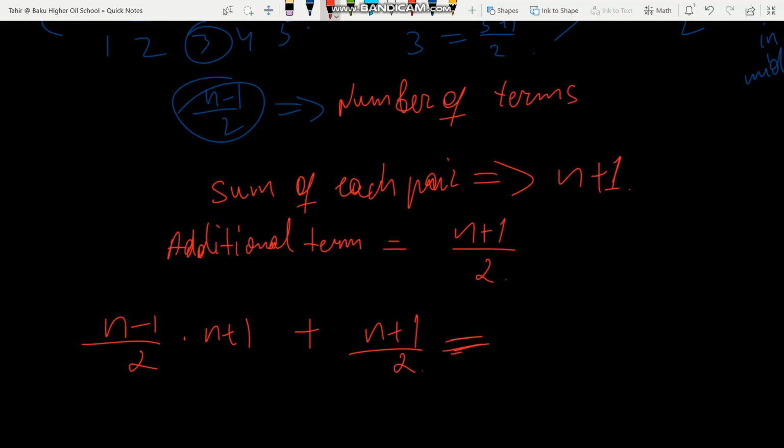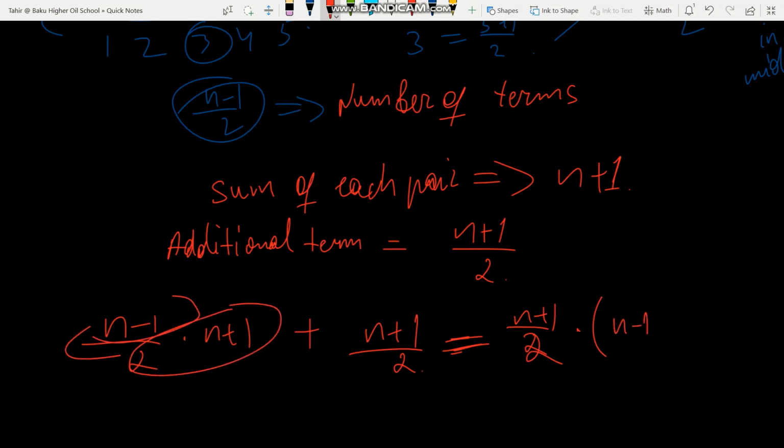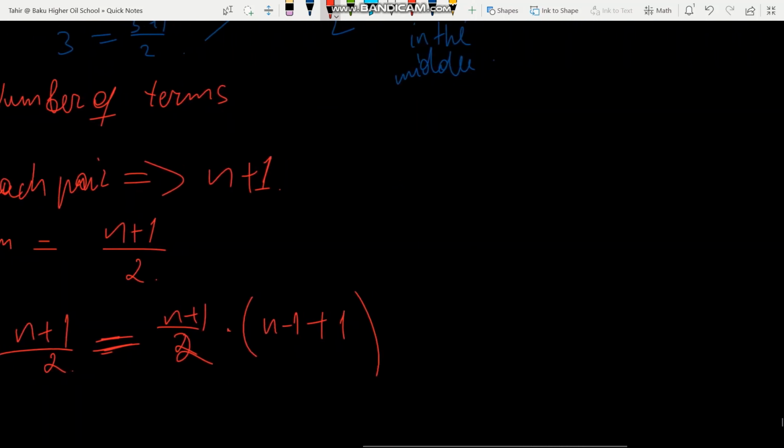Let's take n plus 1 divided by 2 out of the brackets, and we will get n minus 1 plus 1 multiplied by this, and the final formula will be equal to n, since n minus 1 plus 1 is n, multiplied by n plus 1 divided by 2.